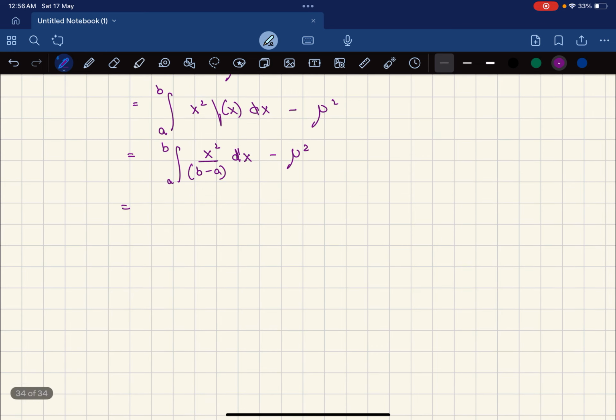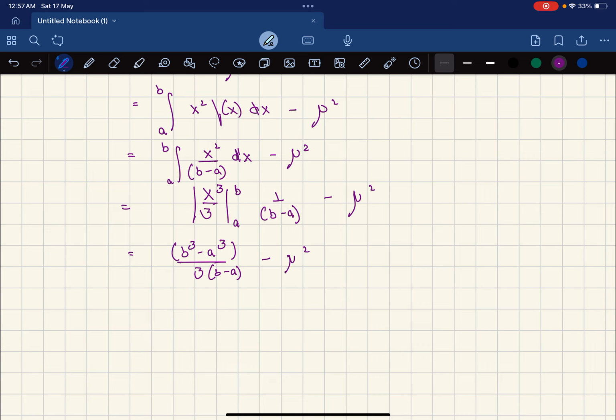Now the integral of x square is x cube upon 3, and we put the limits from a to b, and we have 1 upon b minus a, minus mu square. Now this could be written as b cube minus a cube upon 3(b minus a), minus mu square.